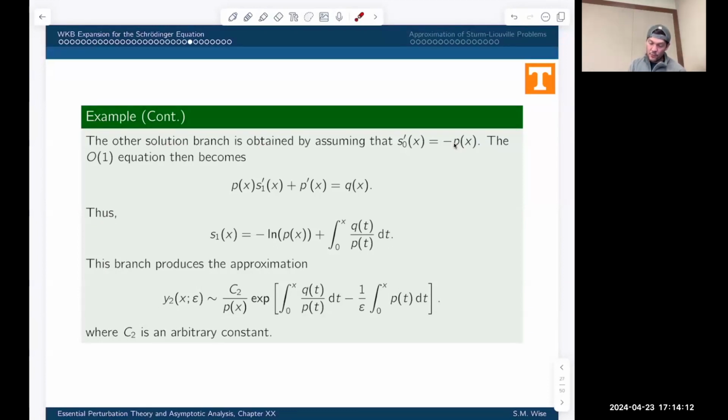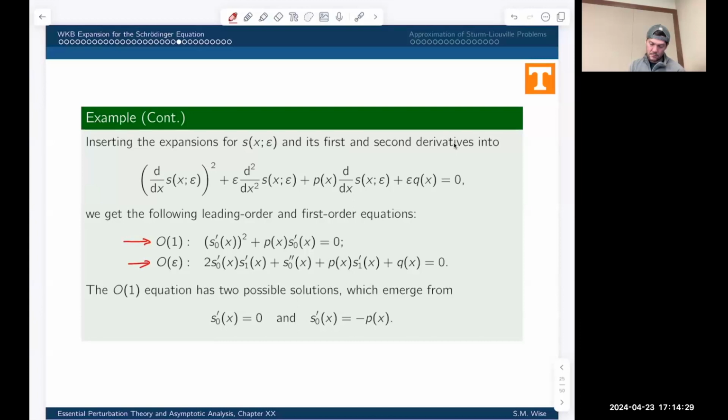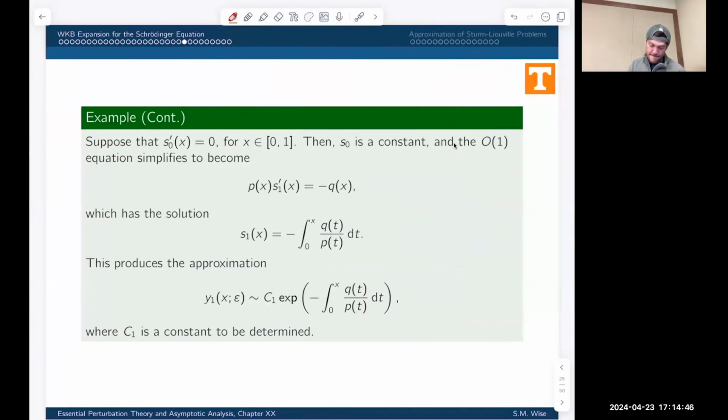In the order, let's see. This should say the order epsilon equation, shouldn't it? Is that right? No, let me check. Yeah, it has to be the order 1, because you substitute S naught equals 0 into the second equation, you get the equation you get on the next slide.